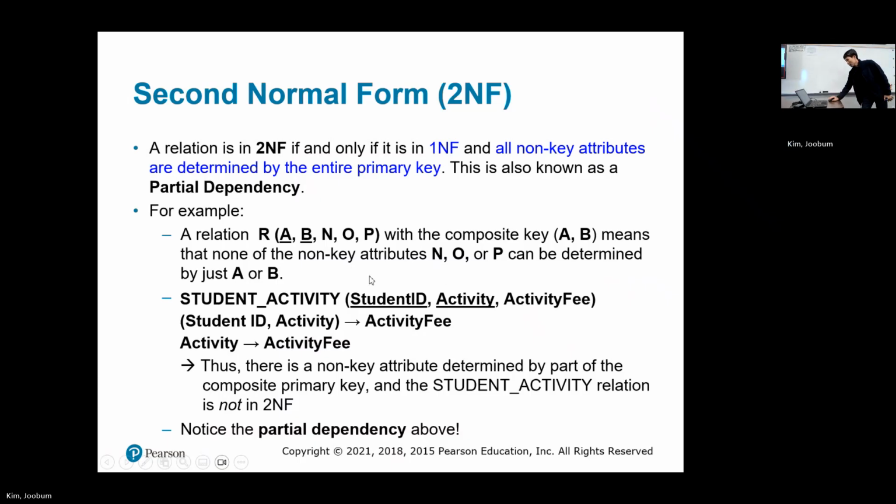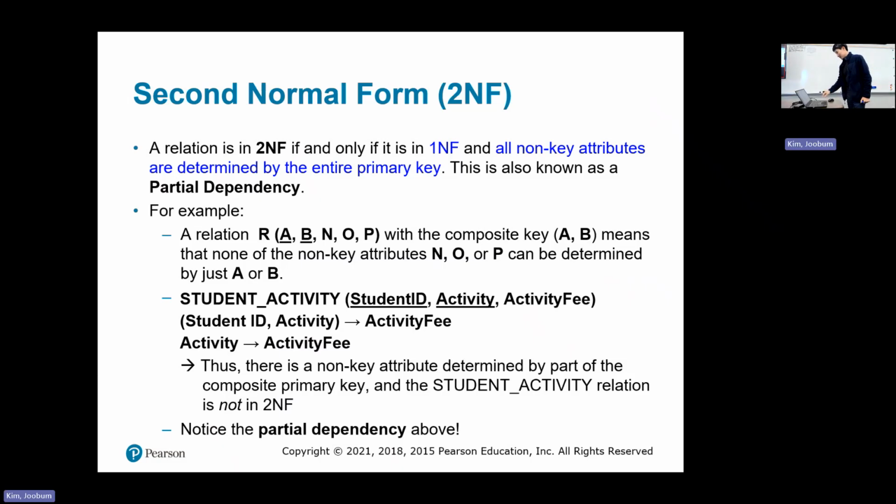So N, O, P should be determined by the entire primary key, A and B. If N, O, or P is determined by part of the primary key, A or B, it violates this condition, so it is not in second normal form. Make sense?